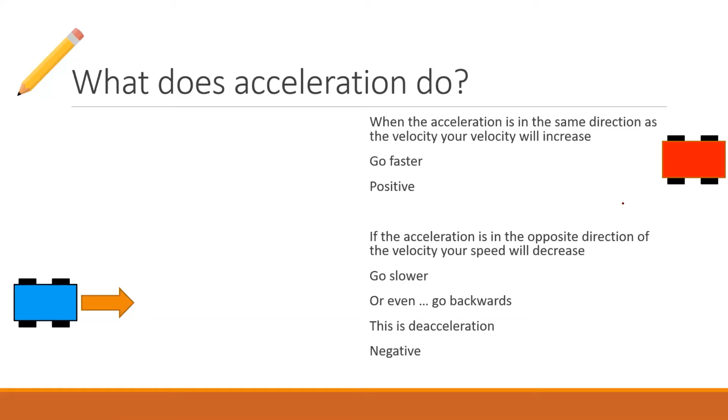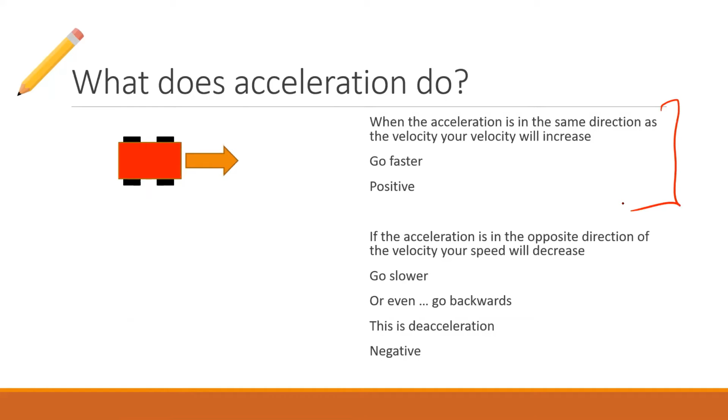This is what happens when you put the brakes on in your car. You can even sometimes slow something down so much, you put such a negative acceleration on, that it starts to go backwards. This is called deacceleration. So you've got acceleration when you go faster, and deacceleration is when you go slower, and it's a negative value. So I'm going to show you what that looks like.